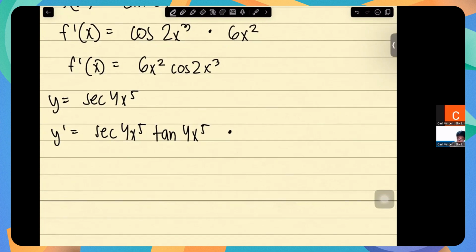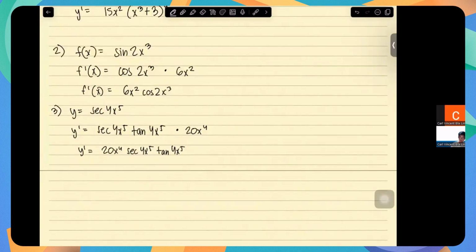Since that is our inner function, that would be 20x^4. So our final answer would be 20x^4 times secant of 4x^5 times tangent of 4x^5.